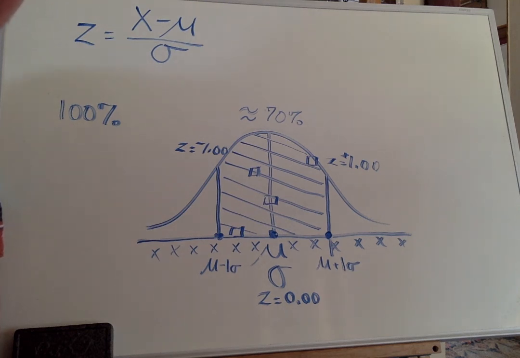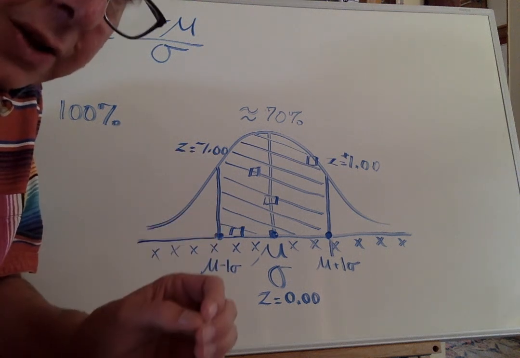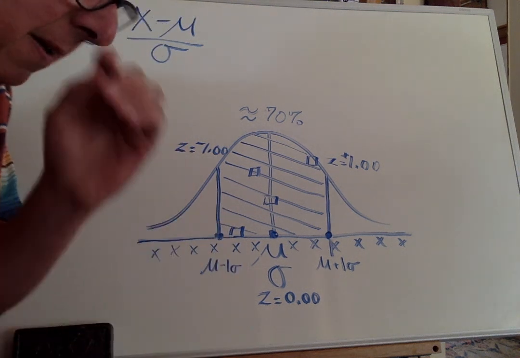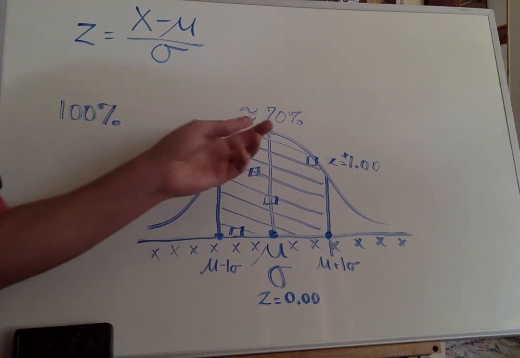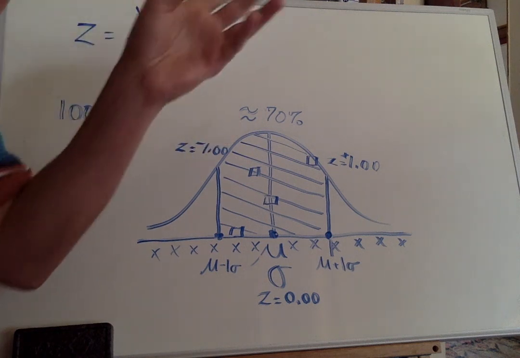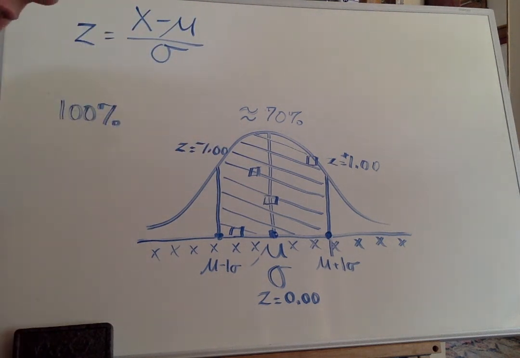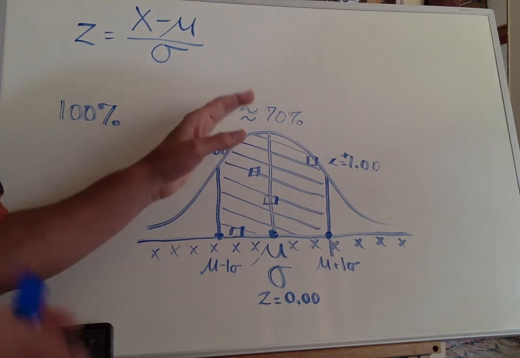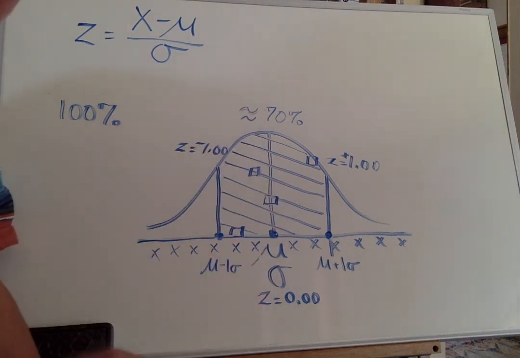We're going to get much more detail, much more specific about that because it's not quite 70%. But that's a good number to have in your head, and it's a good number next year when people are talking about this. If you have a class or you're in an agency and they're talking about standard deviations, that's a good approximation for what percentage is within a standard deviation.